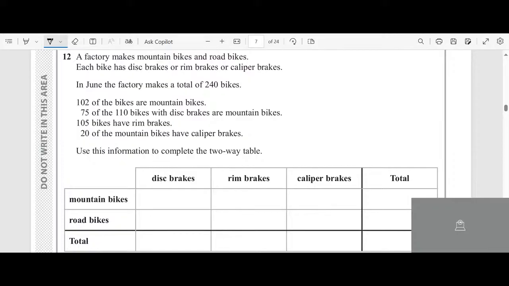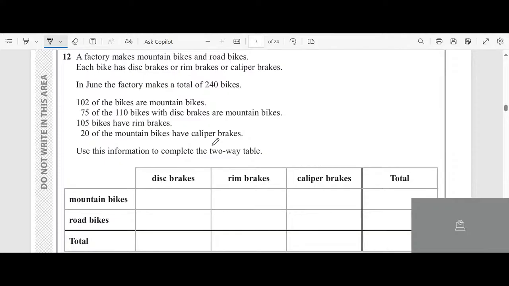So what we will say here is that in June, the factory makes a total of 240 bikes. So the total number, everything that is in this company, 240 bikes.